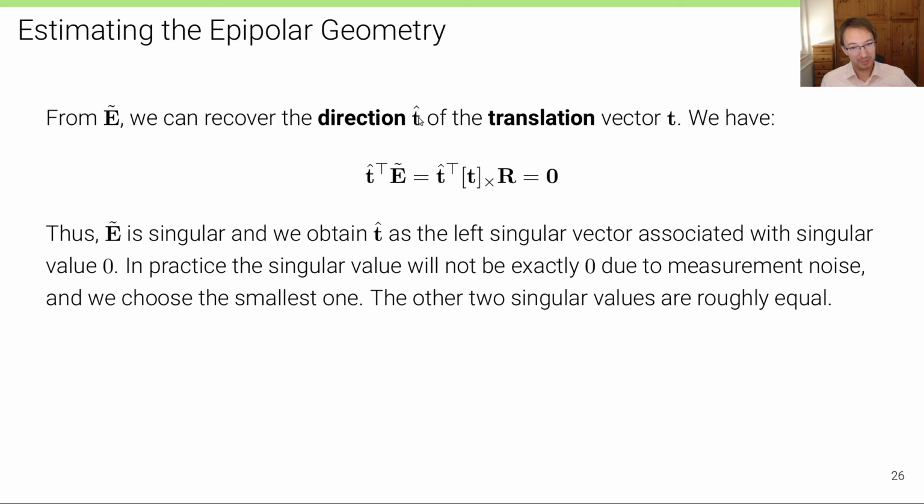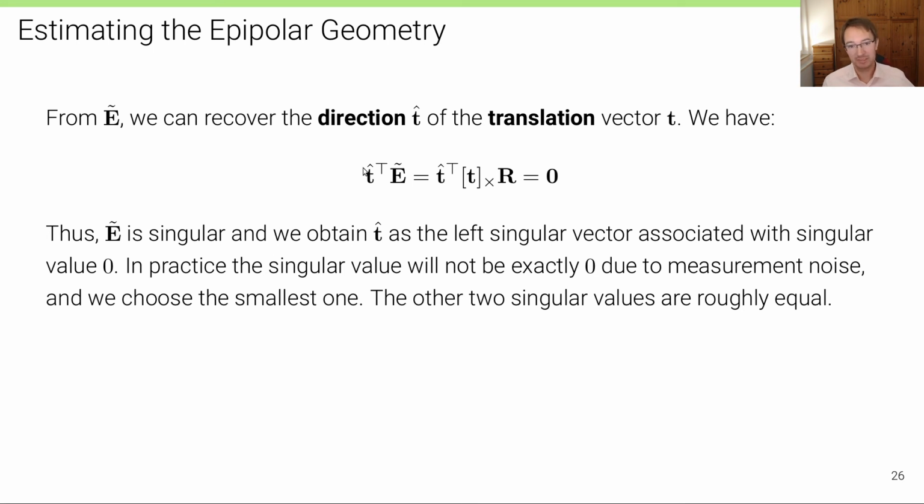But we can recover the direction, which we call t hat, by multiplying t hat transpose to the essential matrix, because we have t hat transpose times the skew-symmetric matrix of t times R, and this is 0. The entire expression becomes 0, and therefore the essential matrix is singular, so there's one singular value that's 0.